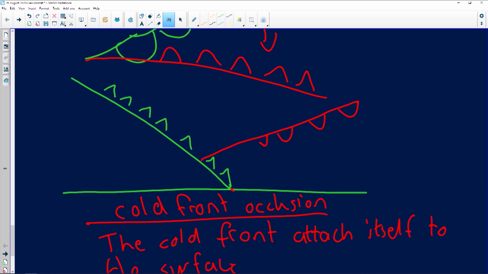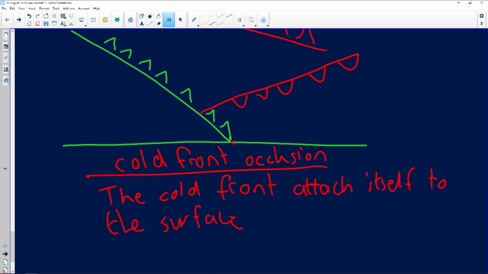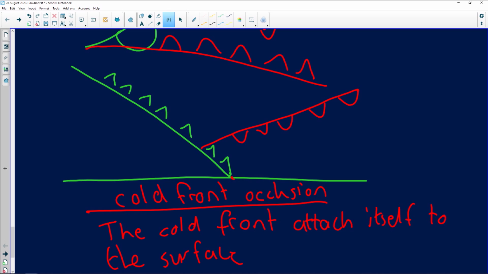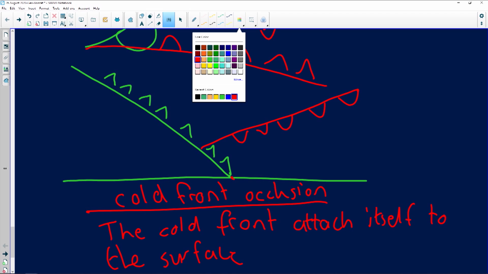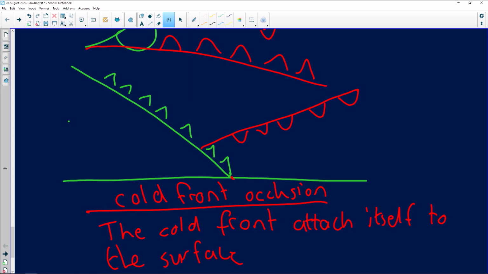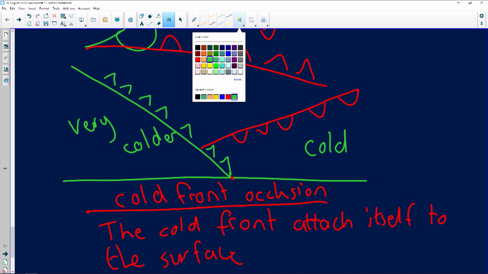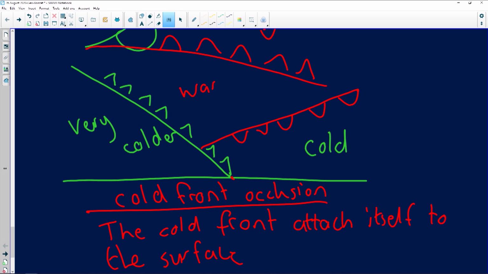Okay. Now, the reason being for it, and I'm just going to fill it in here. The air behind the cold front is colder than the air in front of the warm front. Now remember, when the occlusion took place, all the warm air has been displaced.